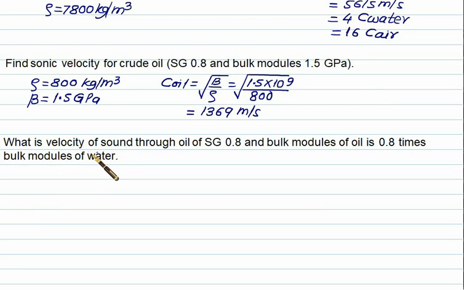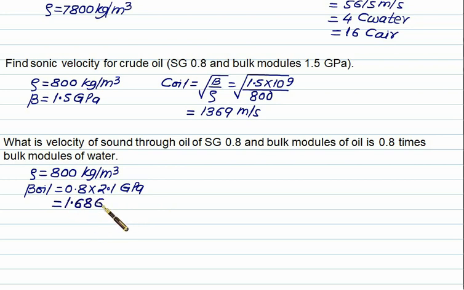What is the velocity of sound through the oil of specific gravity 0.8 and the bulk modulus of oil is 0.8 times the bulk modulus of water. So this time we have given the density of oil equal to 800 kg per meter cube and the bulk modulus of oil is 0.8 times the bulk modulus of water, which is 2.1 gigapascal. So we have bulk modulus of oil is 1.68 gigapascal.